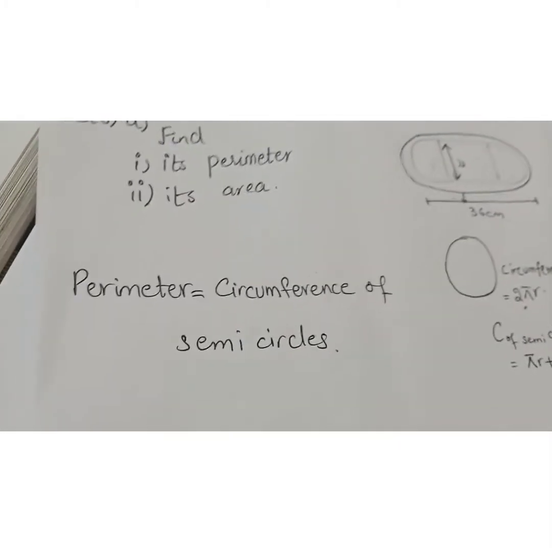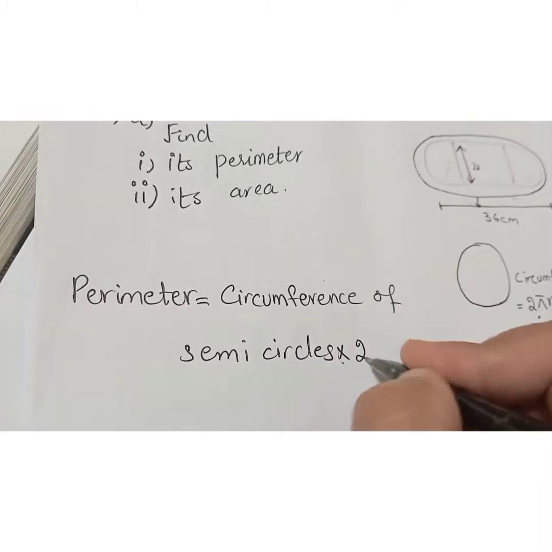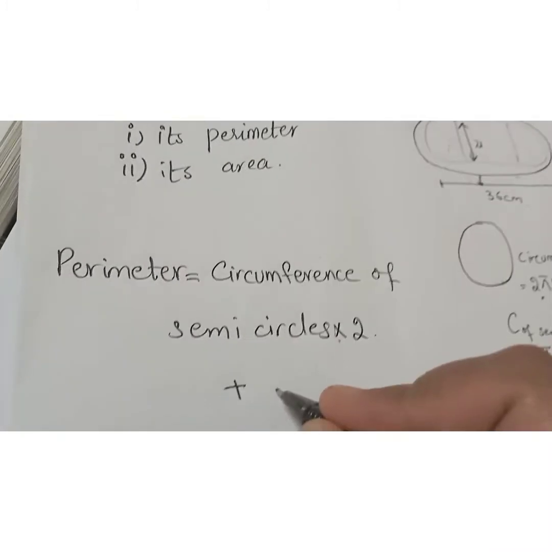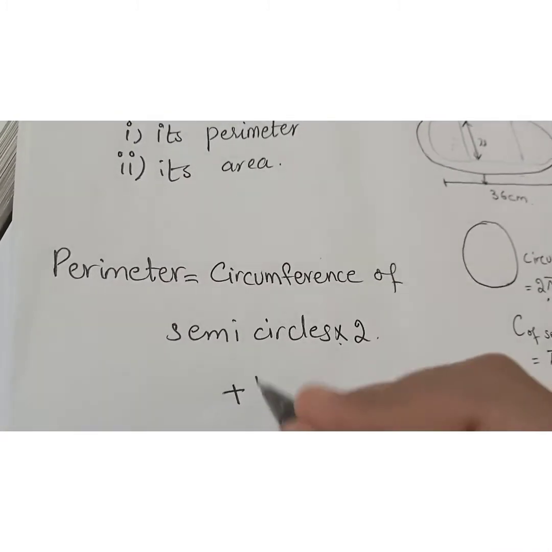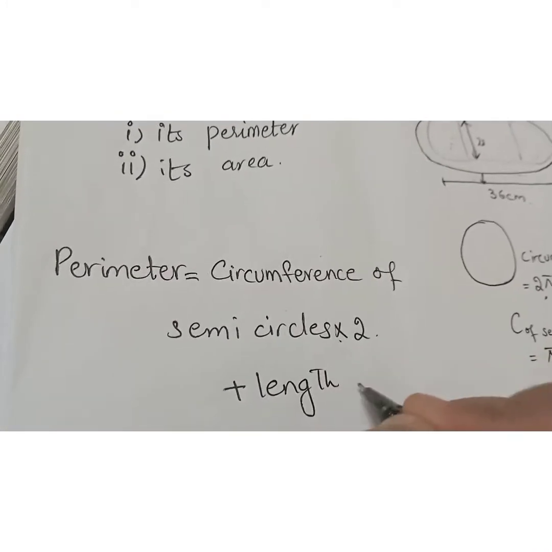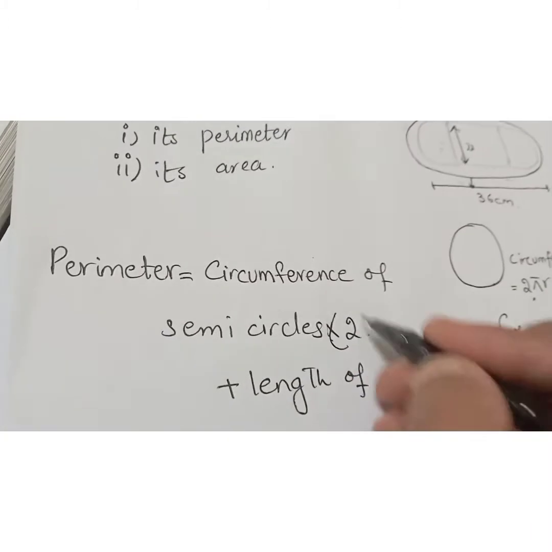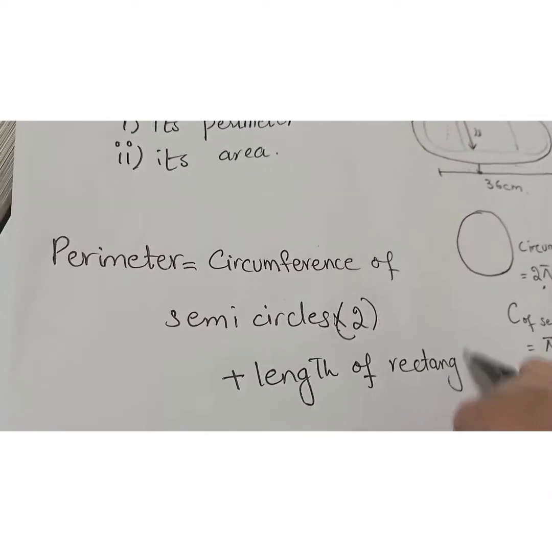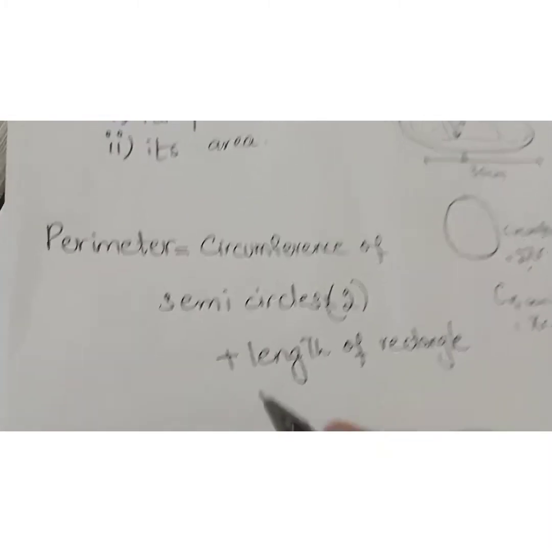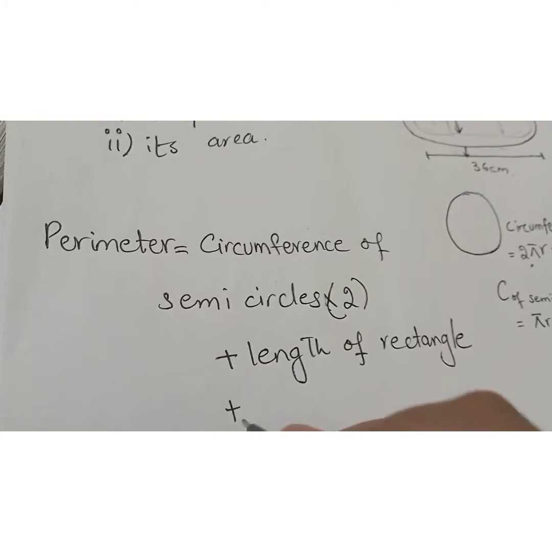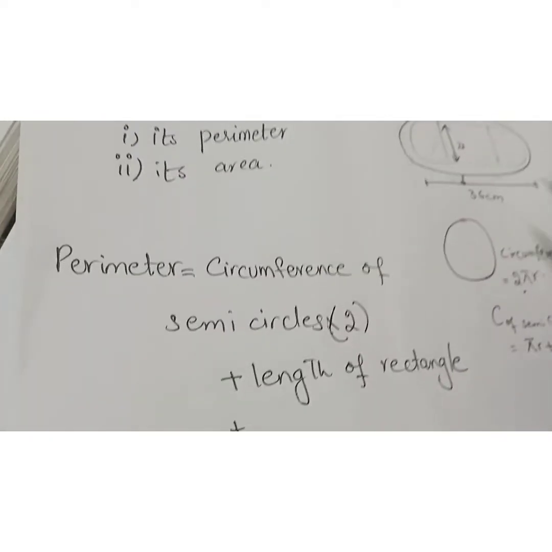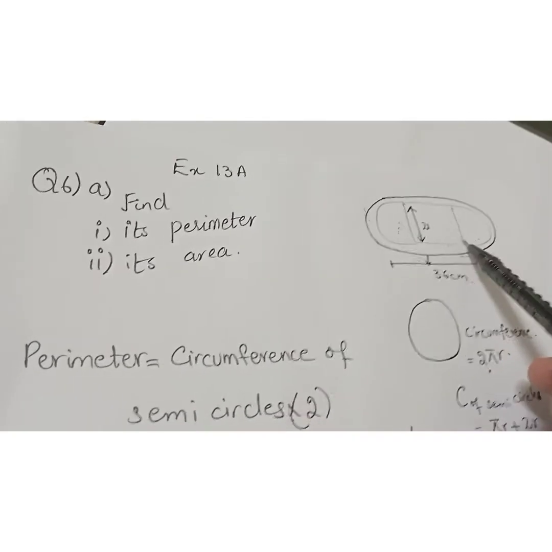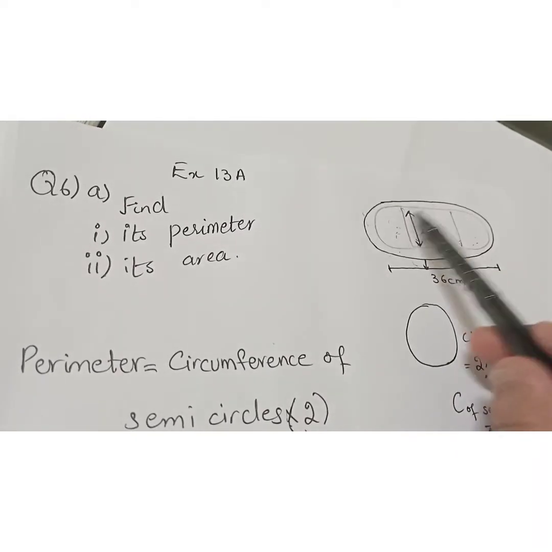There are two semicircles, so we'll multiply it by 2, or we can add it 2 times, plus the length of the rectangle, which is part of the outer boundary. It will also be multiplied by 2, because this is the length of this rectangle. This length is also part of the outer boundary.